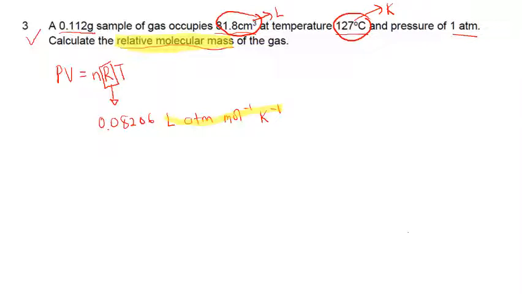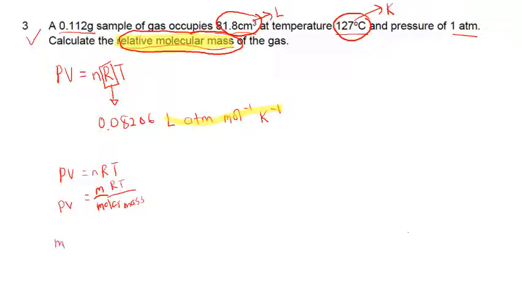Before that, let us rearrange so that we can get the relative molecular mass. PV equal to nRT. The number of moles we can expand to mass over molar mass, multiplied with RT, equal to PV.